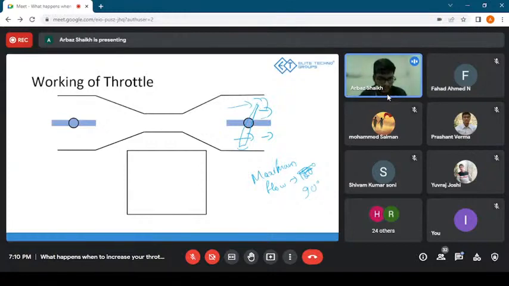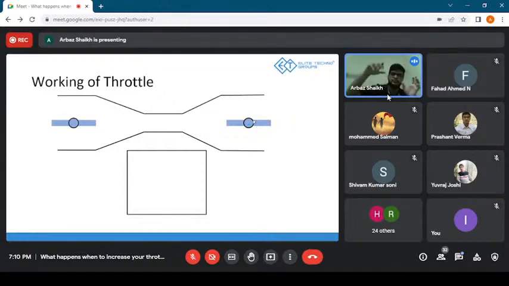Now, what engineers have to do, basically, there are two things. First, we need to map the throttle and the mechanism of the throttle in such a way that whatever is the movement of your accelerator, whether you're turning the accelerator on your bike or pushing the accelerator pedal on your car, the throttle movement is maximum, or 90 degrees, and not more or less than that.